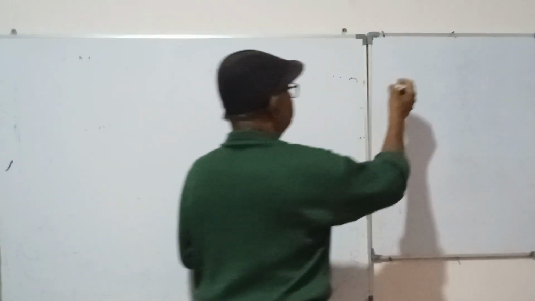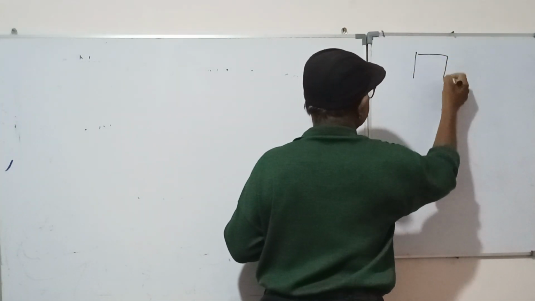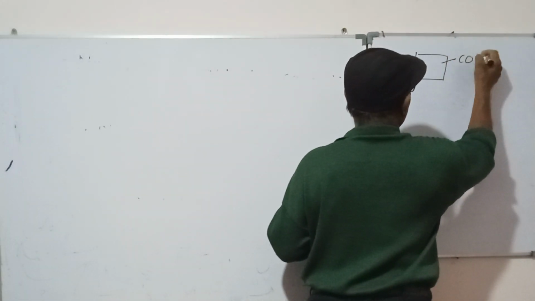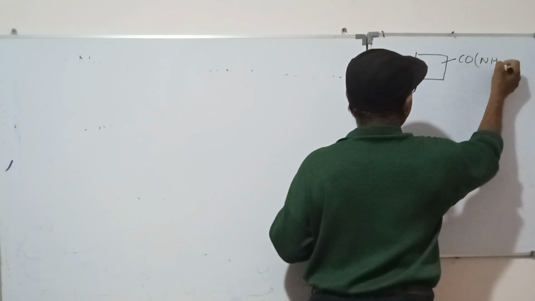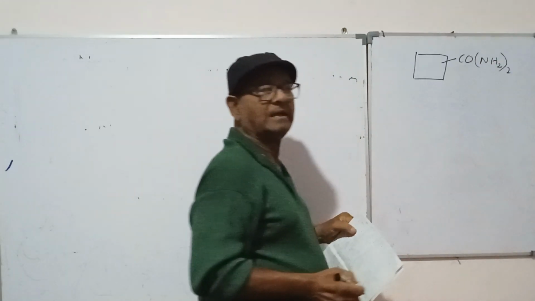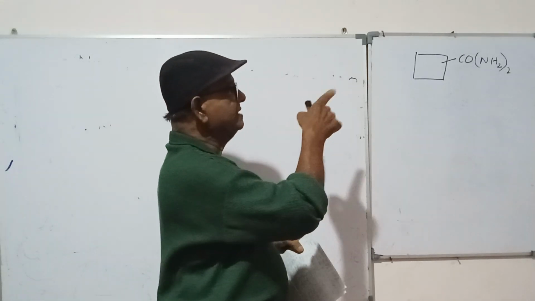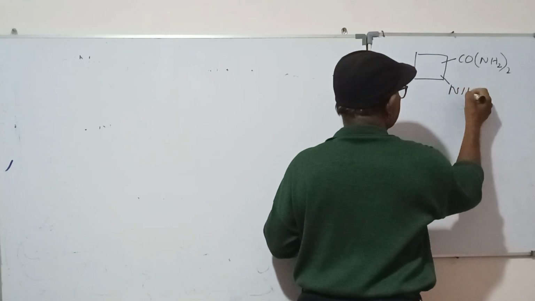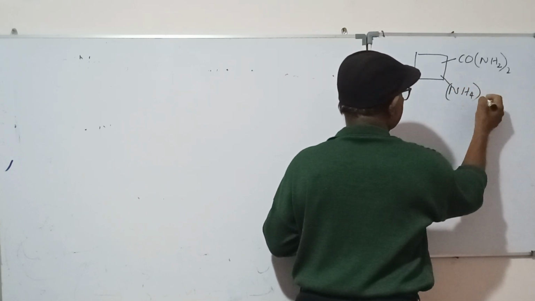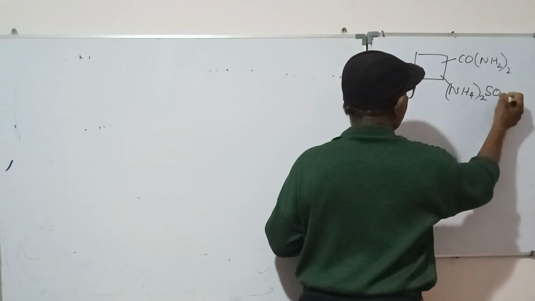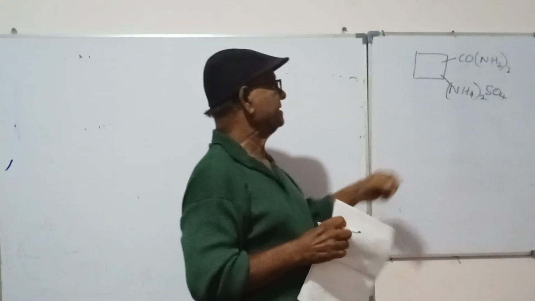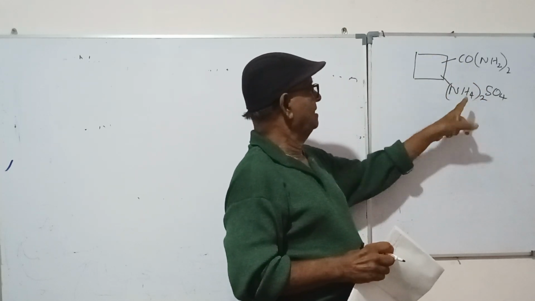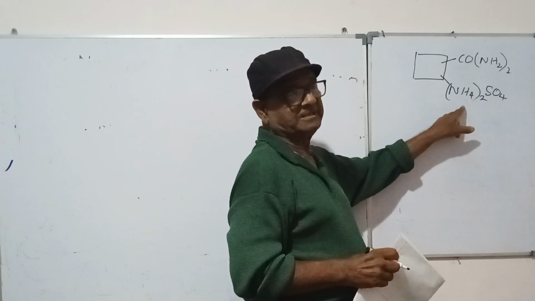There's a mixture of fertilizer. It contains urea, CO(NH2)2, and ammonium sulfate, (NH4)2SO4. This is urea, you need the formula of urea, and this is ammonium sulfate.